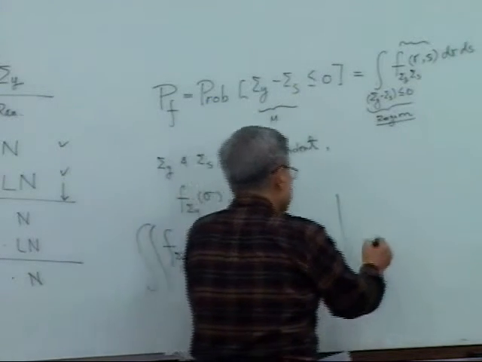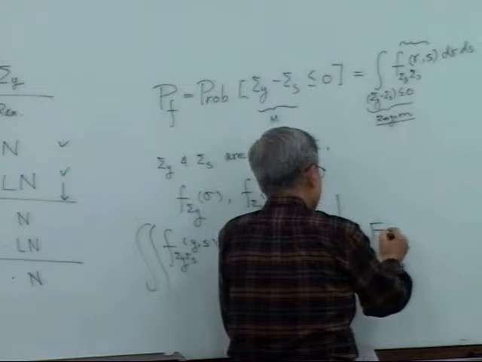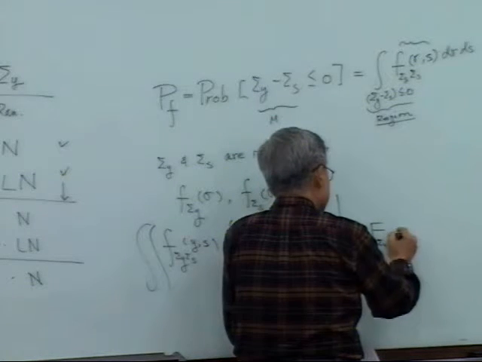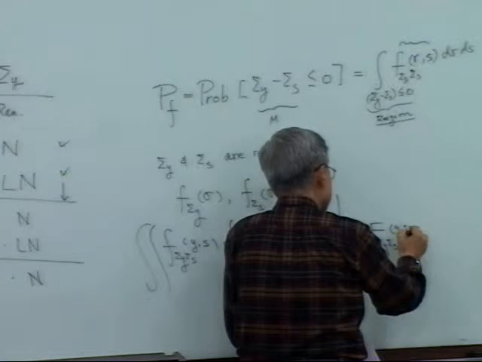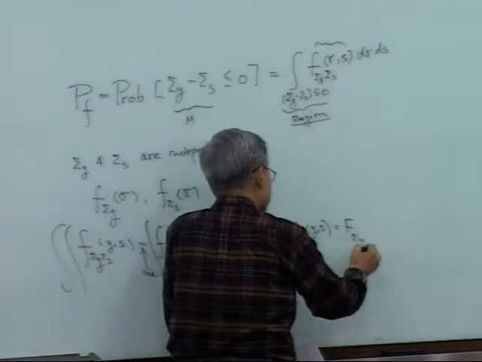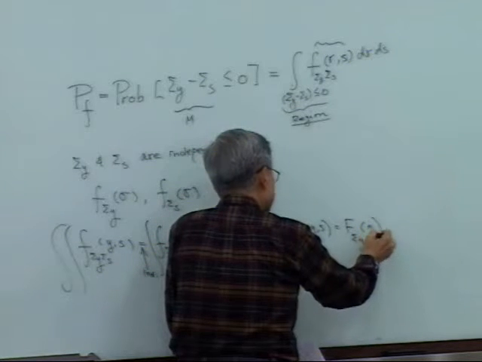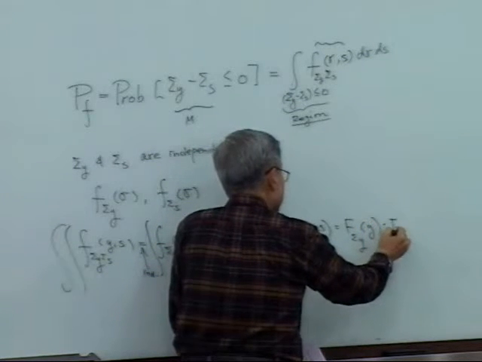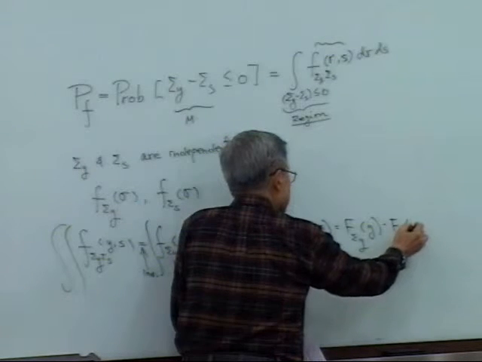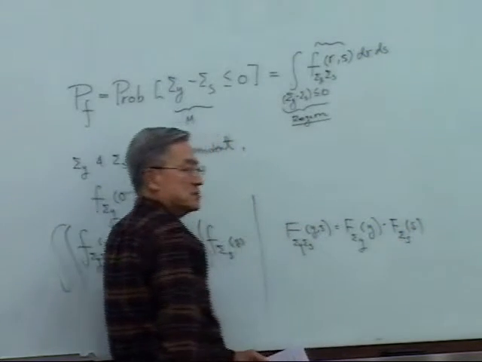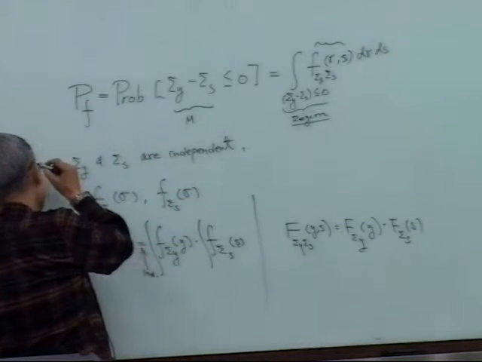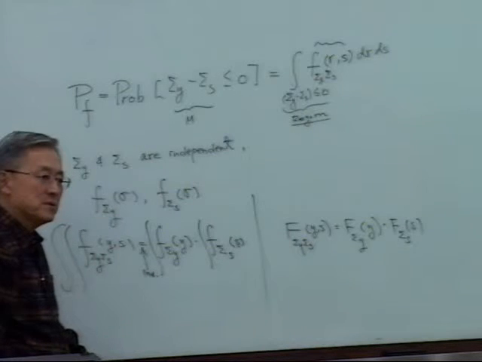And of course, for the F sigma y, sigma s, ys is simply F_y y multiplied by F_s s. Very much it simplifies. Lots of applications for the case of independent.